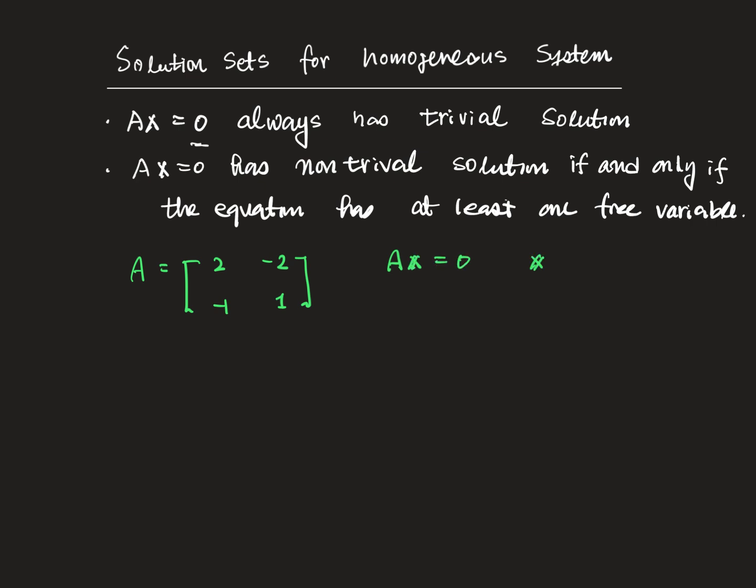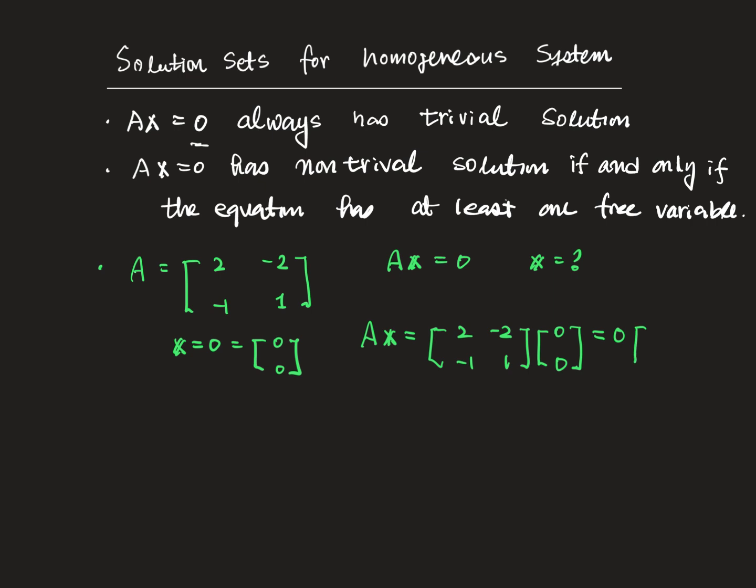Let's find x two different ways, guys. First, x is 0, the trivial solution. So x is the zero vector, meaning 0 and 0. This is a solution of this matrix equation. Let's check it. A times x, where A is 2, negative 1, and 1, and the x vector is 0 and 0.